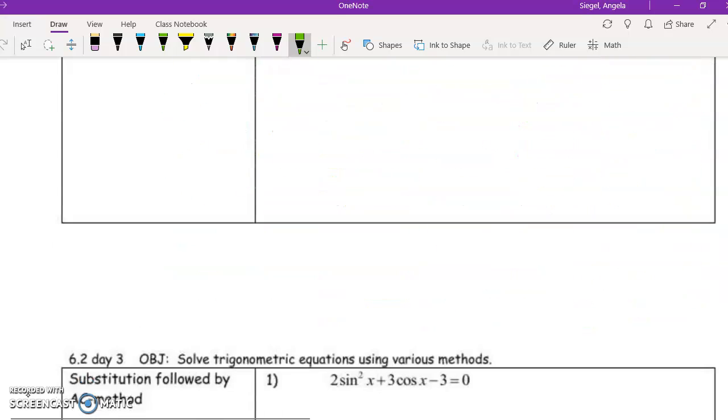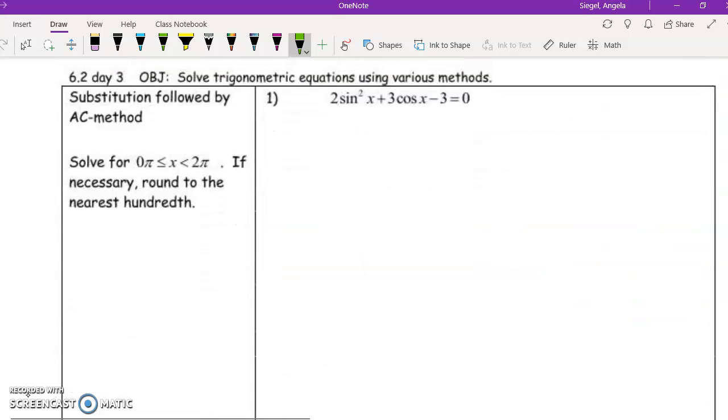Okay, so for the final one, we are going to talk about basically factoring, but using substitution. So the problem with this one is notice how this is sine squared and this is cosine. So what you're going to do is start here and put this in terms of cosine.